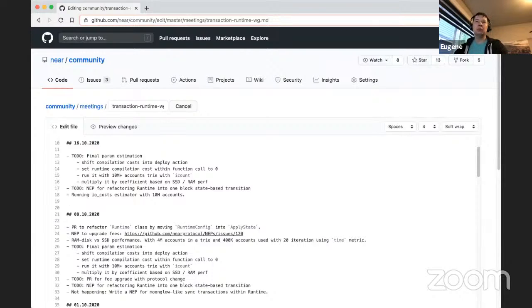And for runtime, yeah, pretty much nothing blocks the upgrade, except maybe we want to do this as a feature, but it doesn't matter the way we release it. So we can still start working.